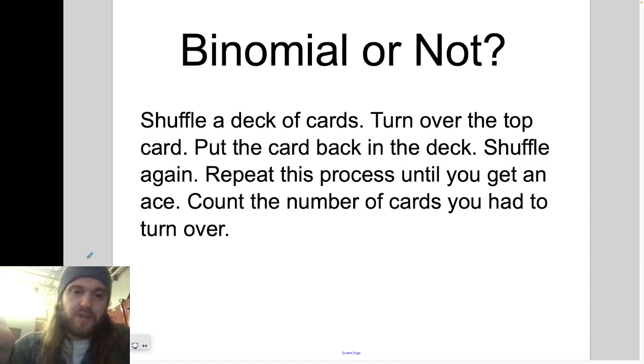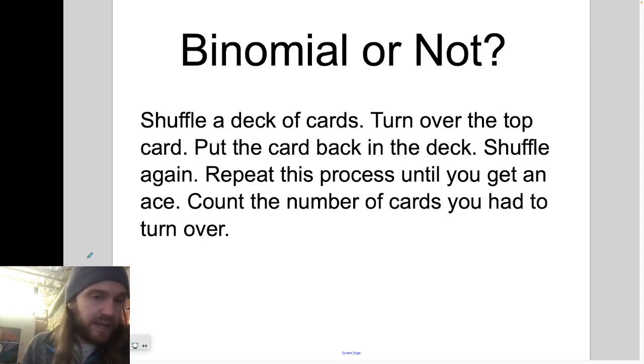Yes, you can see an ace or you cannot see an ace, so there is success and failure. Are they independent? Yes, they are independent because we are putting the cards back in and shuffling each time. And we're going to keep doing that until we get an ace, and then we're going to stop. The reason that this is not a binomial setting is because there is not a fixed number of trials.